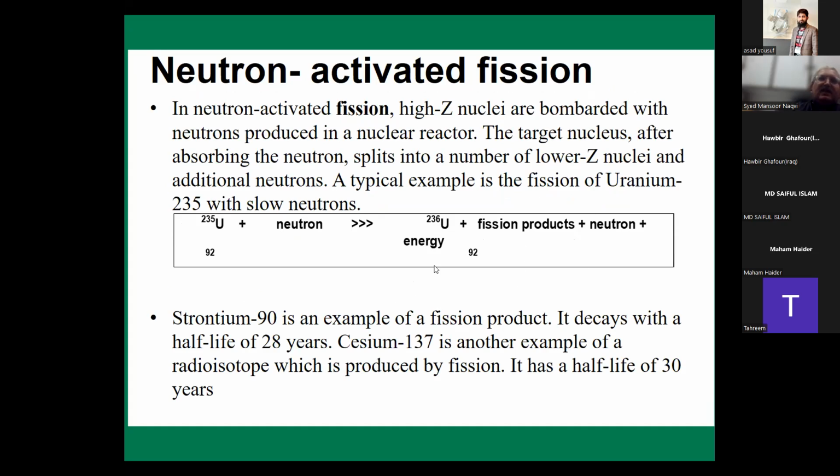So that is in fact a very common process which is carried out in a very, very highly controlled environment in nuclear reactors. So cesium-137, which is commonly used in blood irradiators in hospitals, is also produced by a similar fission reaction.